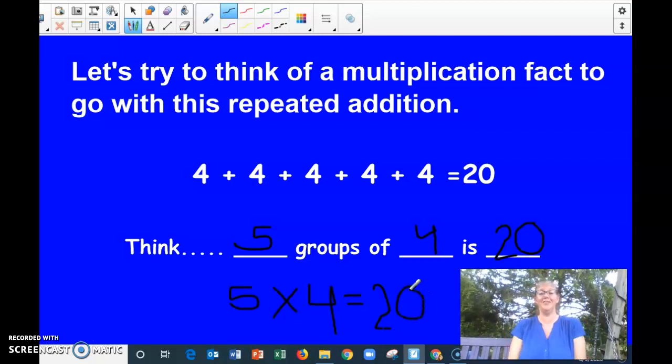There we go. 5 times 4 equals 20. So that's my multiplication fact that connects to that repeated addition.